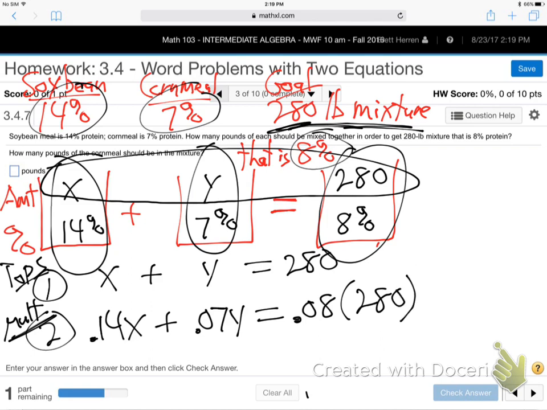So that was multiply, multiply, multiply. Did you track with all that? So the first equation is top, top, top, because it's just amount. Second equation is multiply, multiply, multiply.